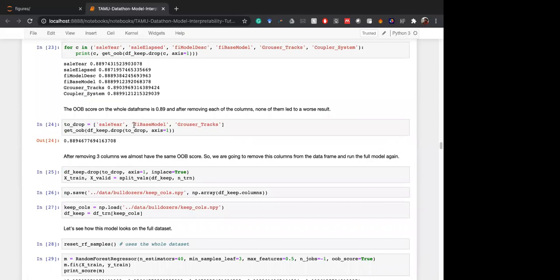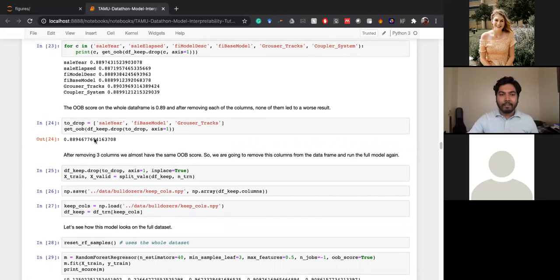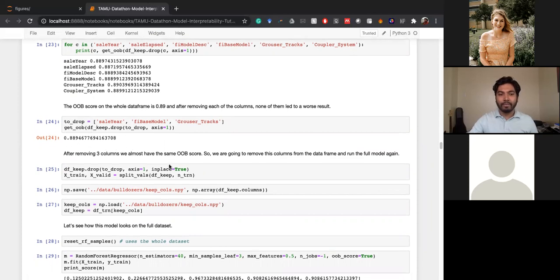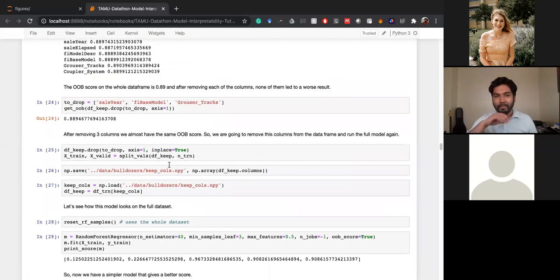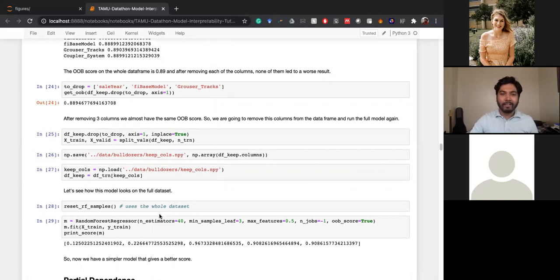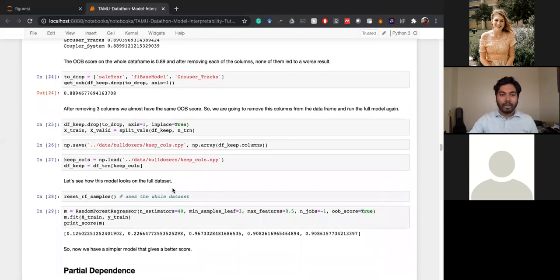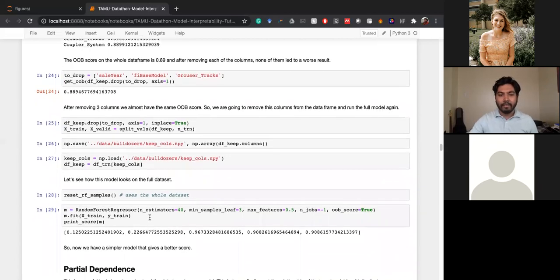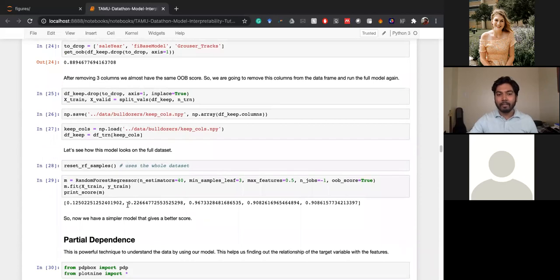I drop sale, FI base model and browser tracks, and we can see that we get a score which is pretty similar to what we were getting in our previous models. After dropping these columns, I remember we only selected a subset of samples for doing model interpretation. Now I run this on my full data set, and you can see that we're getting a pretty good score.